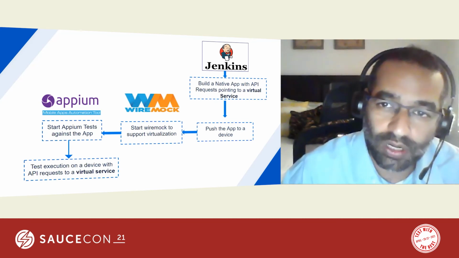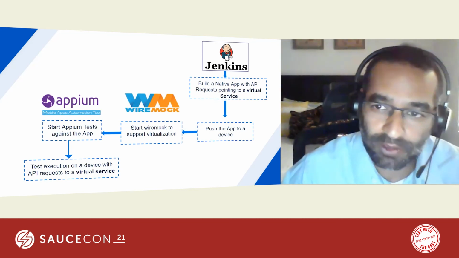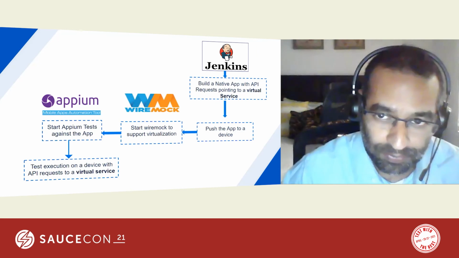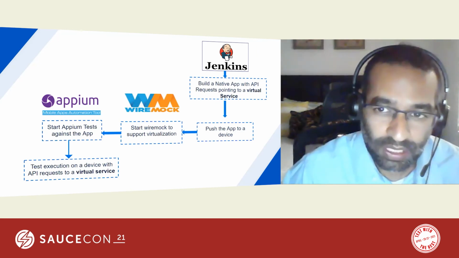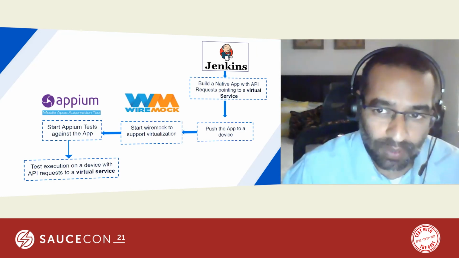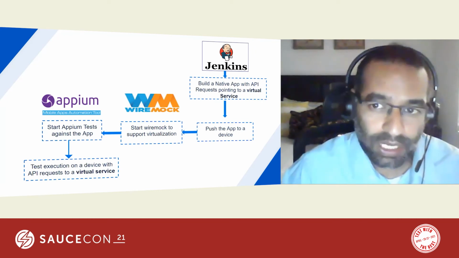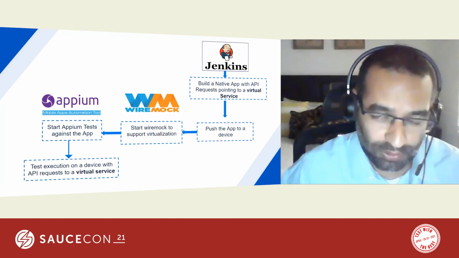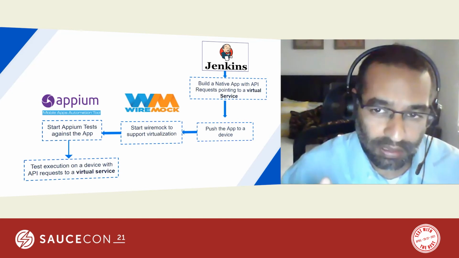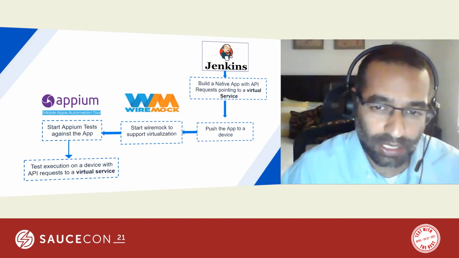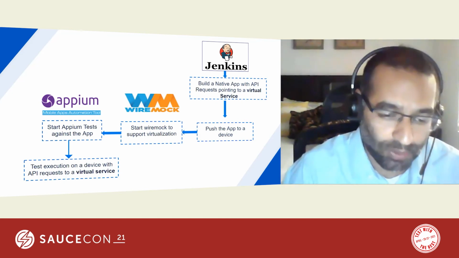So what we do in Jenkins is that first you build an app where your API requests are pointing to a virtual service. In Android, it's an APK file.